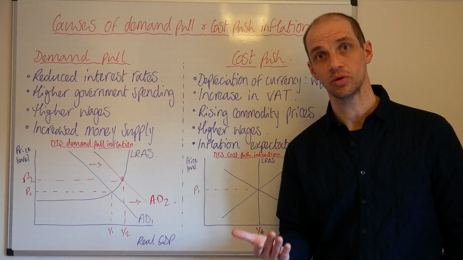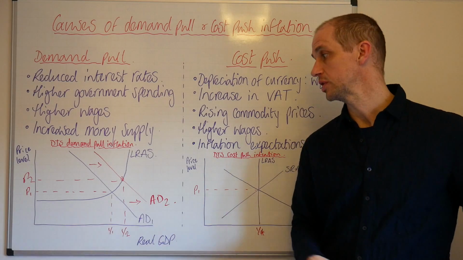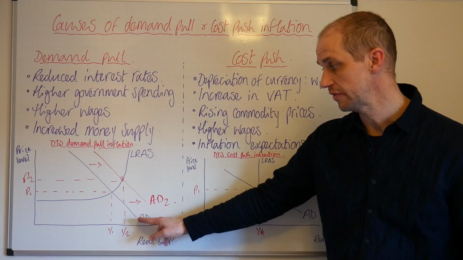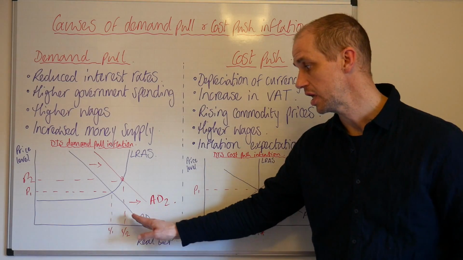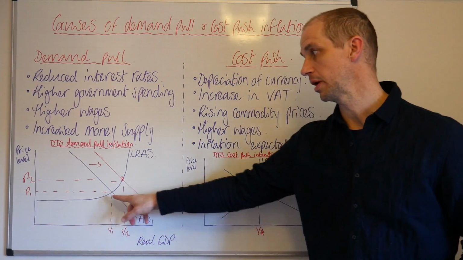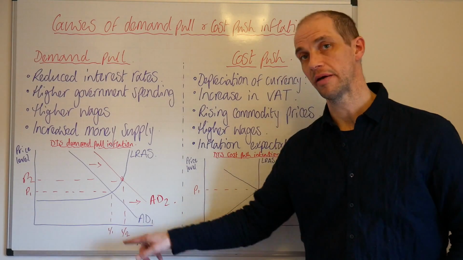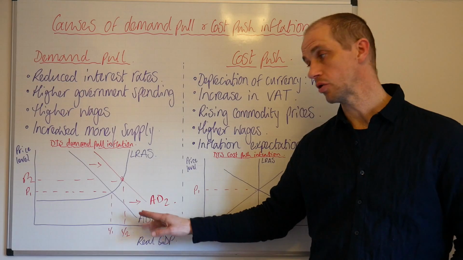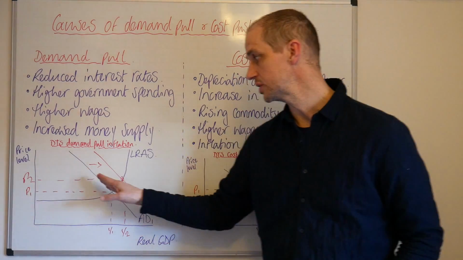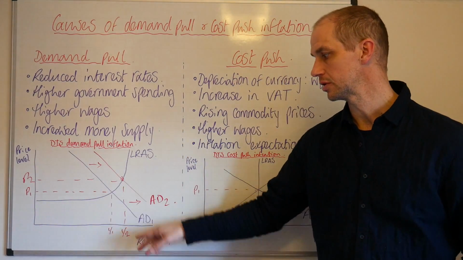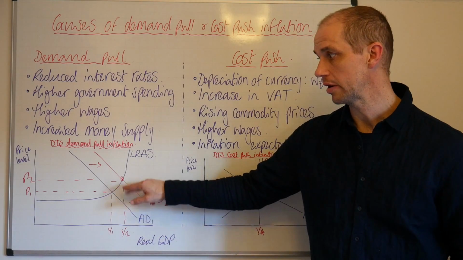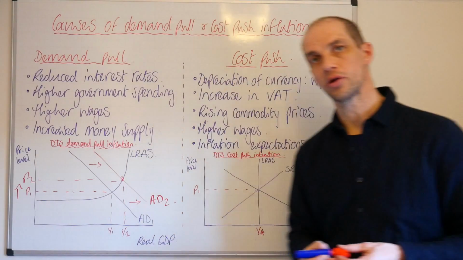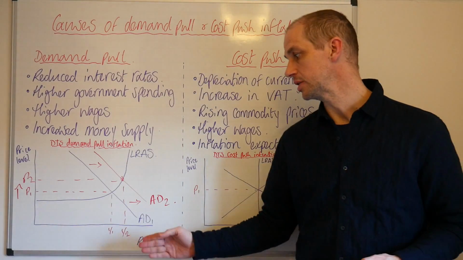Now as a direct consequence, there will be an increase in the price level, and we can see that represented by this shift in the aggregate demand curve here, corresponding with the P1 Y1 outcome level, an increase in the actual level of demand in the economy. The total demand increases, the aggregate demand shifts to the right, and we see that higher price level. So the price level has increased, okay, from P1 to P2.